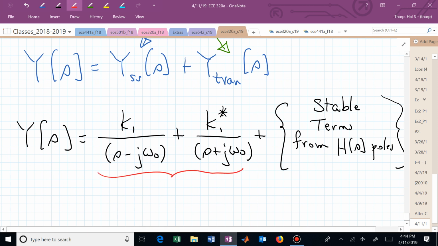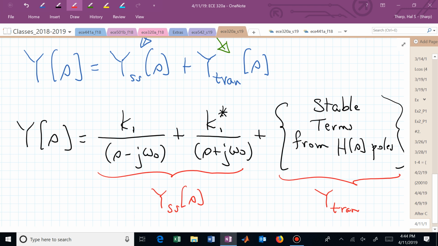Or this is consistent with our y steady state of s, and this is our y transient. Is that clear? What we want to do now is, if we could find K1, we're pretty much done. K1 takes a little bit of pulling of teeth, if we're still in the dentist office, but it's doable.